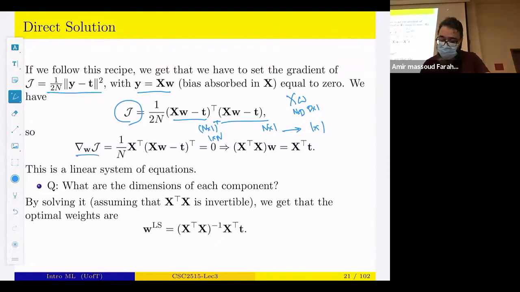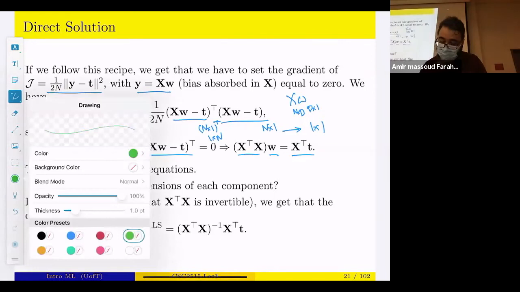So we compute the gradient. The gradient would be 1 over n times X transpose (Xw minus t). This should be equal to 0. So again, we expand it, and we have X transpose X times w is equal to X transpose t. So you see that this is a linear system of equations, and we want to find this w.